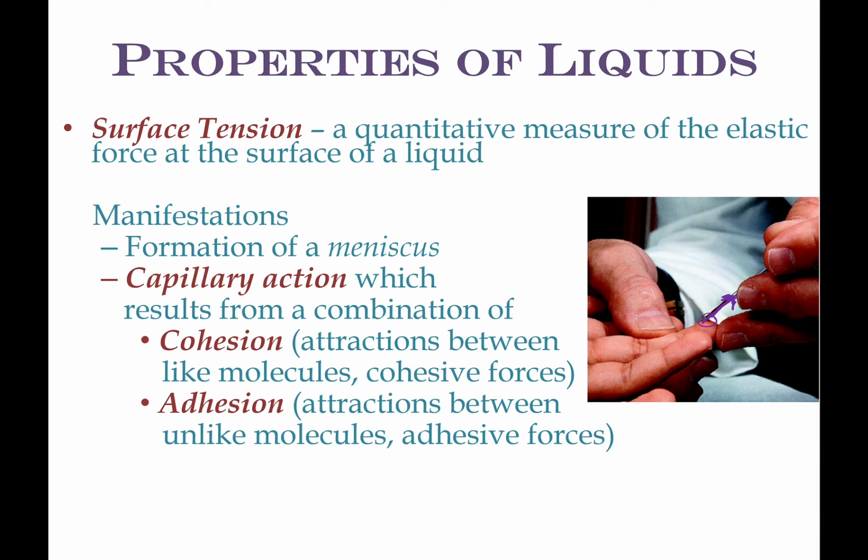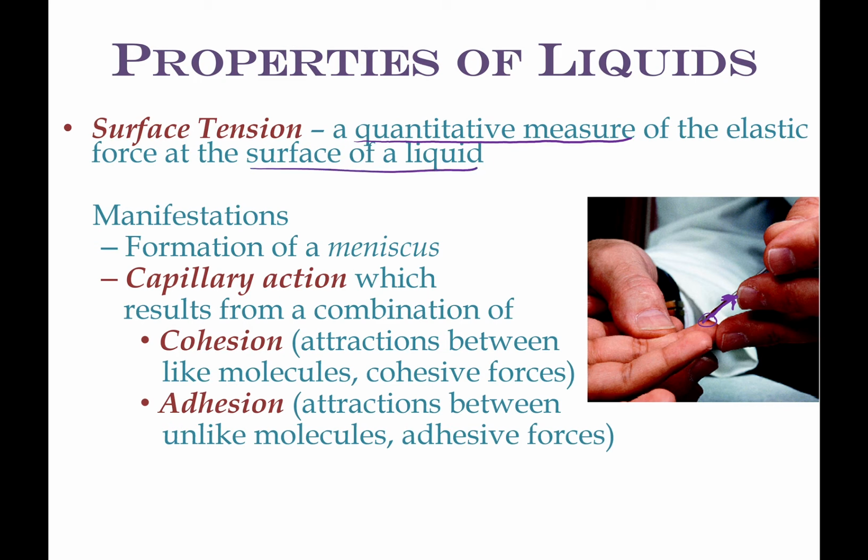Also, this is how trees get nutrients: they have capillary action that starts in their roots and pulls up the liquid and the nutrients in the soil up through the leaves. So it's a very important property. It's a quantitative measure. Quantitative means it has a unit and a label, and it's talking about the elastic force that's at the surface of a liquid.